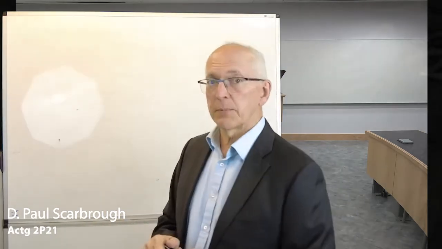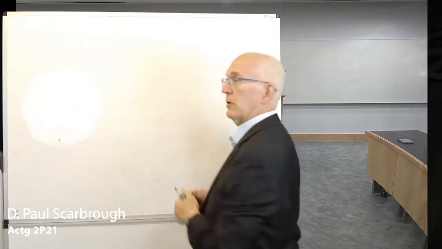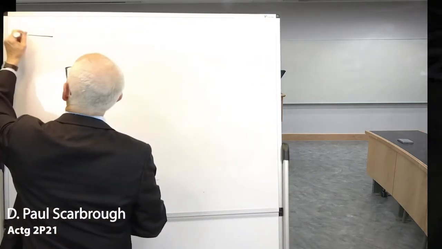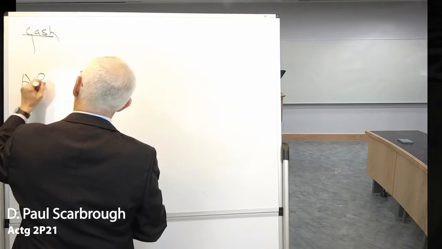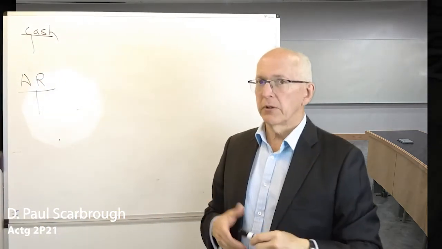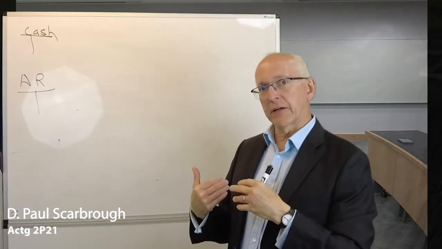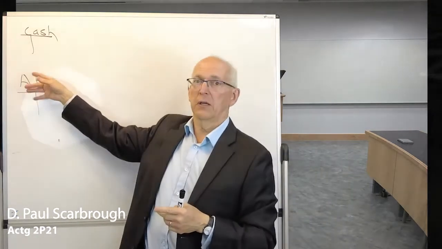So first step here is we're going to be blocking this off into conceptual areas. The first area is cash and accounts receivable. The difference between those two is not too important to us now. Because we're looking inside the factory, we're mainly concerned with the idea that we have cash or accounts receivable.